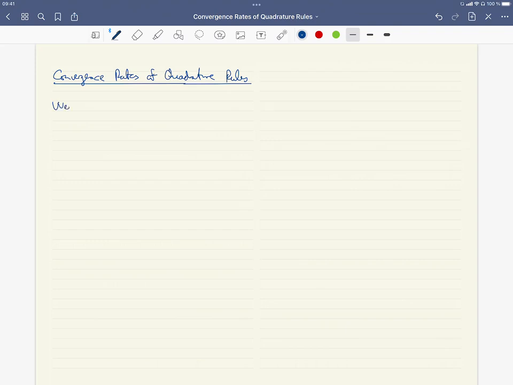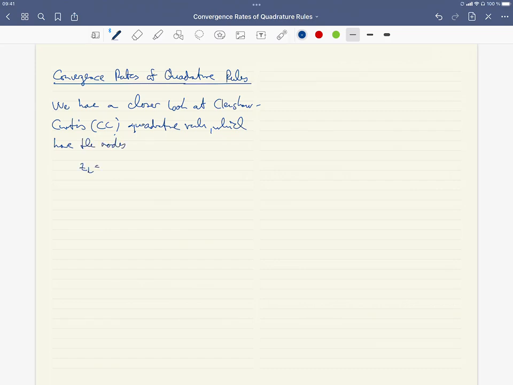So we have a closer look at Clenshaw-Curtis, which we have seen for sparse grids. I'm going to abbreviate it CC quadrature rules, which have the following nodes, which are nested, right?